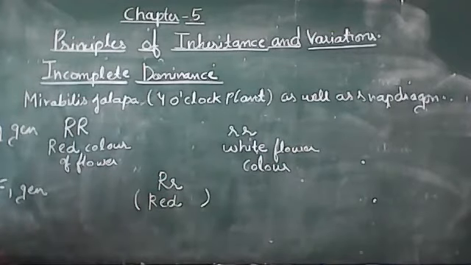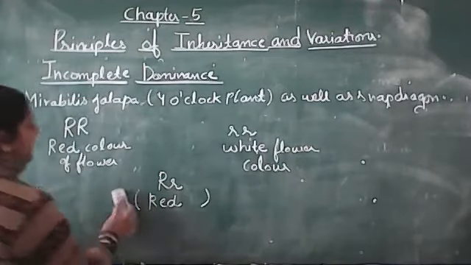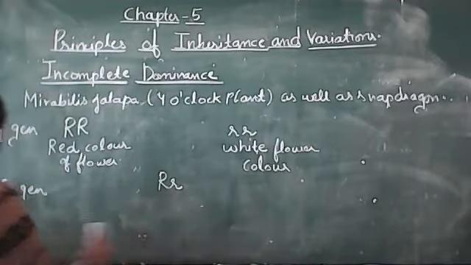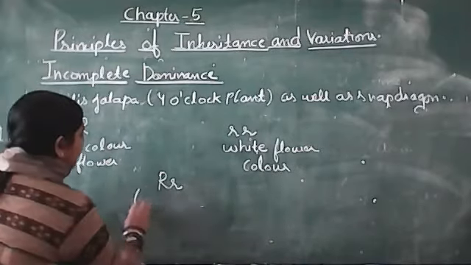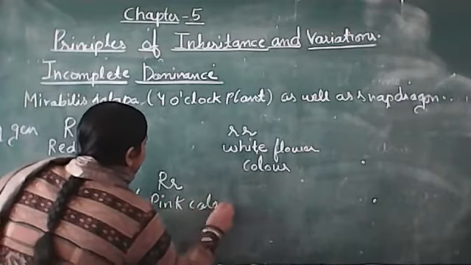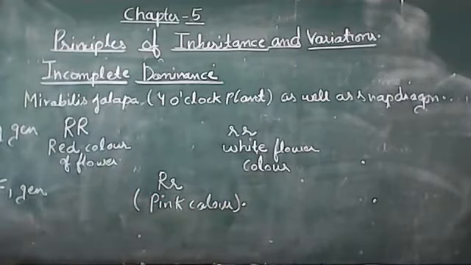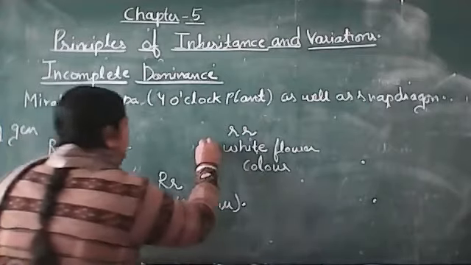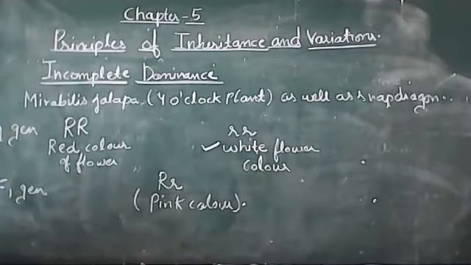But what happened in this case is that, instead of red, the color which appears in the flower is actually pink. So here we obtain pink flowers in the F1 generation. This means blending of the alleles takes place, and some of the expression controlled by the white allele comes into this hybrid.